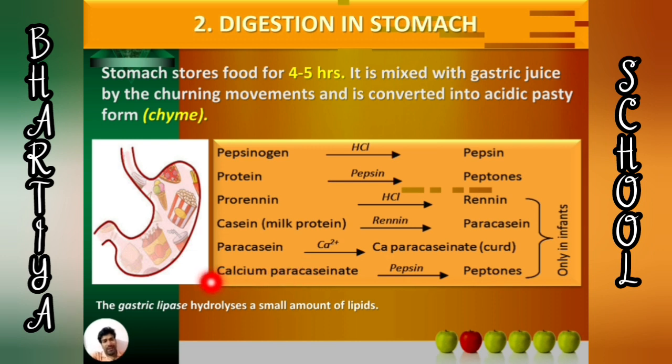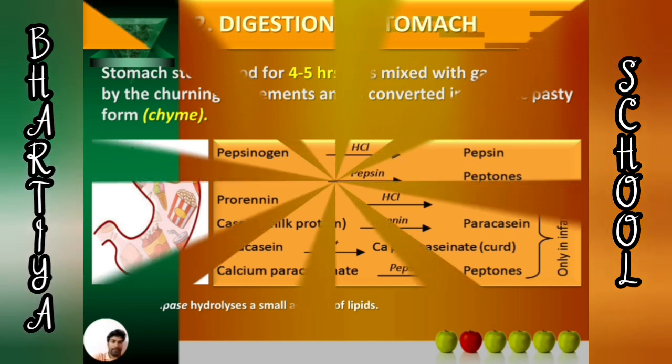The enzyme gastric lipase hydrolyzes a small amount of lipids, because gastric lipase works best in basic, alkaline conditions, but in our stomach, due to the HCl, the medium is acidic, so it is not as functional. So a little digestion of lipids is carried out by gastric lipase. We can clearly see that the digestion of proteins mainly occurs in the stomach region.